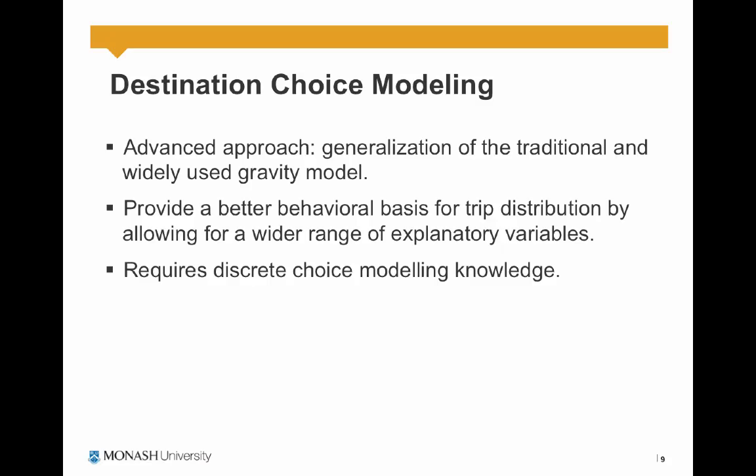The last method that I would like to briefly introduce to you guys is destination choice modeling. Destination choice modeling is a generalization of the traditional gravity model that we just went over. This is an advanced approach that uses discrete choice modeling theory.